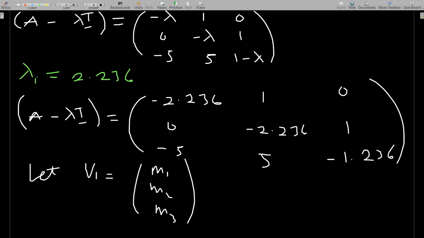In our last discussion we said that to find the eigenvector of a matrix, A minus lambda I times your eigenvector v1 should be equal to 0. But before that, if you can reduce the matrix A minus lambda I for simplification, that will be easier.